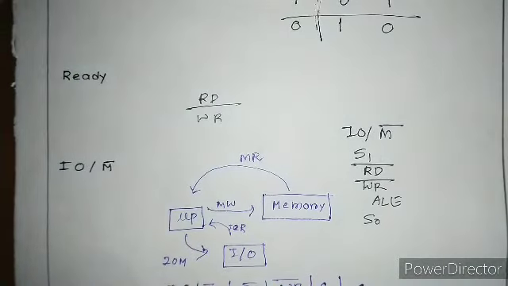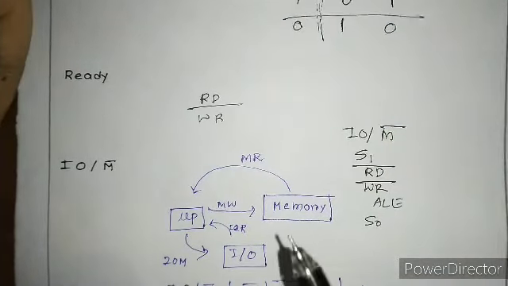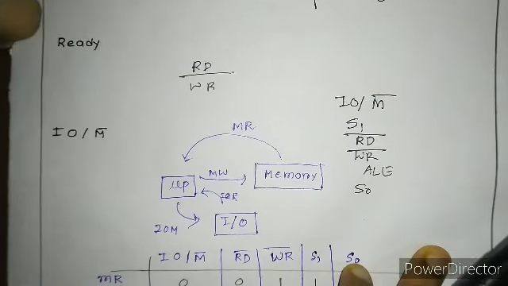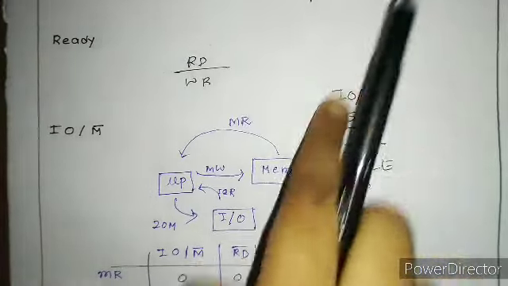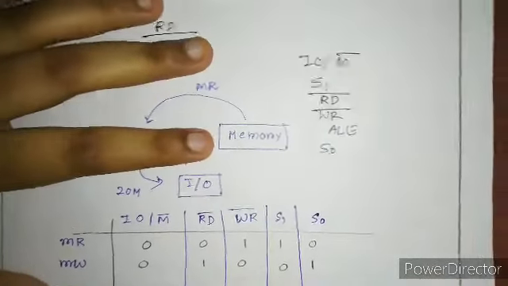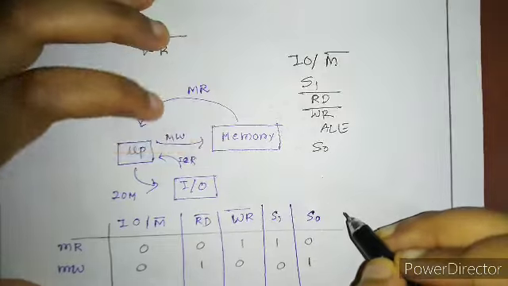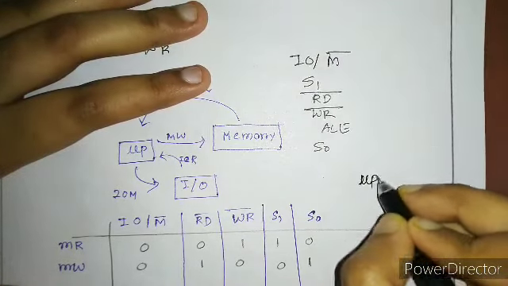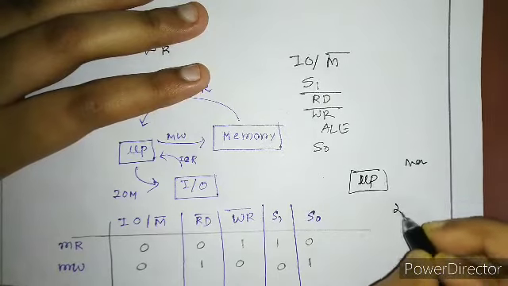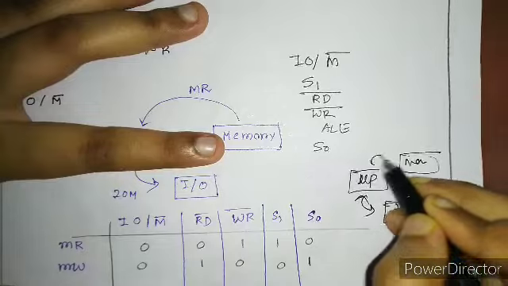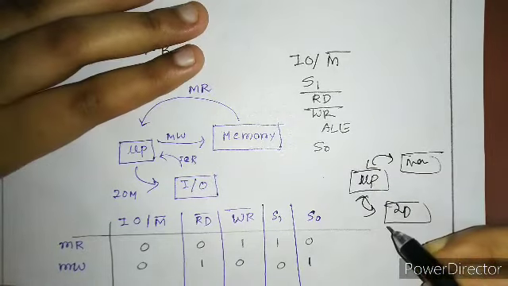True? So these are the two basic operations that can be performed, read and write. So why are these happening? You know the basic block. Maybe I have drawn this diagram 1000 times. MPU, memory, IO. MPU is connected to both of them, but these two are not connected to each other.